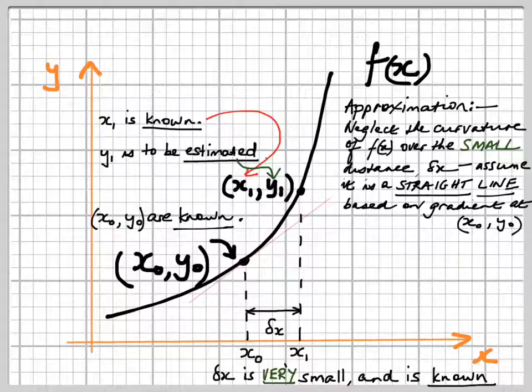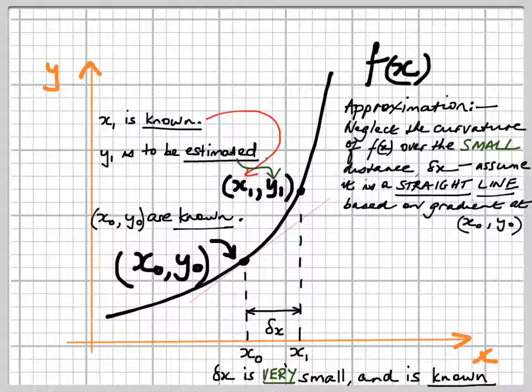So obviously, the more the curvature of the curve, the less accurate this is. And that's why we have to do this over a very tiny, weeny little increment, delta x, such that it is kind of like approximately a straight line, and it hasn't curved away very much from a straight line over the increment from x0 to x1.